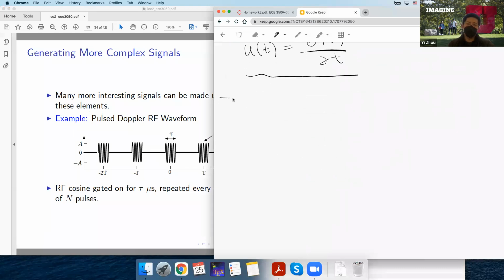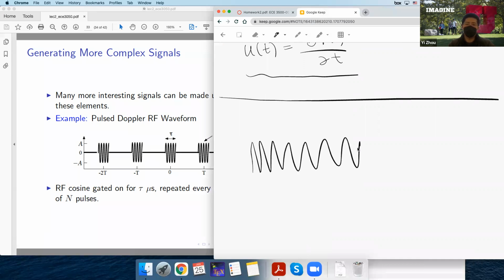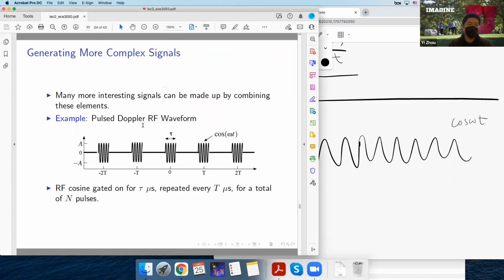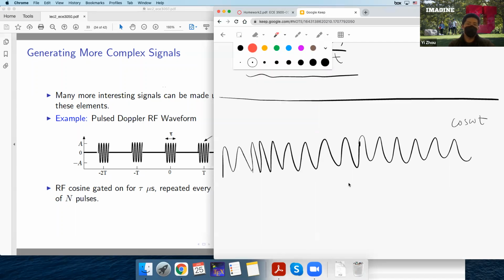So intuitively, we can first consider a cosine omega t. And to generate this pulsed Doppler waveform, we just need to multiply this signal by a periodic window signal.